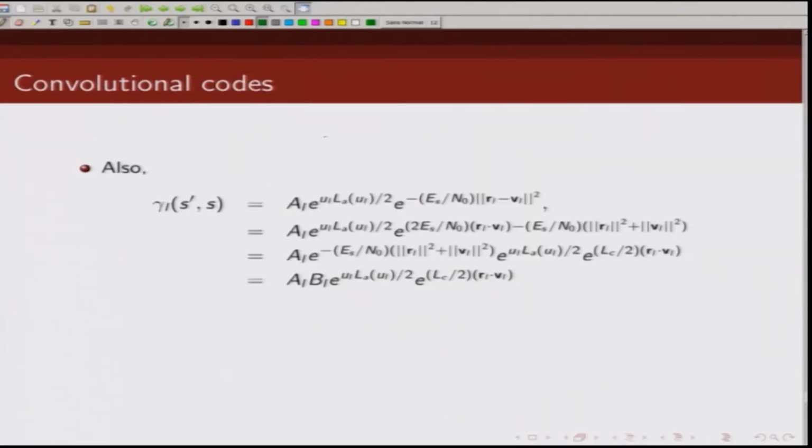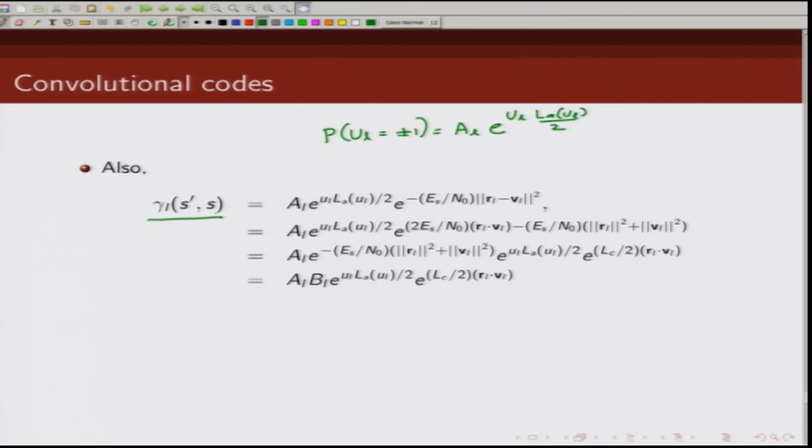So we will use the expression that we derived in the previous slide for the a priori value, which was, for u_l being plus 1 or minus 1, A_l e raised to the power u_l L_a(u_l) by 2. We will use this expression to simplify the expression for the branch metric for our BCJR algorithm.